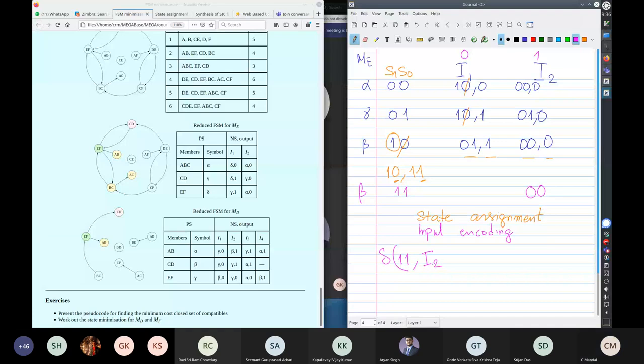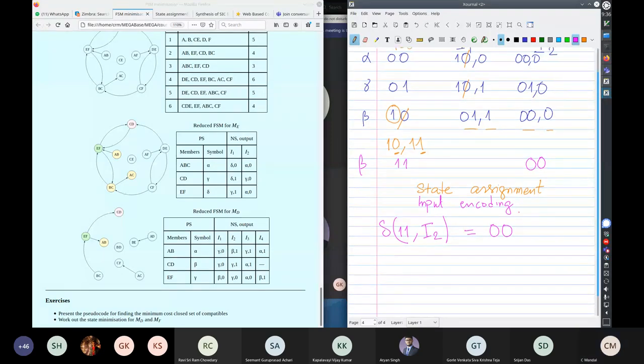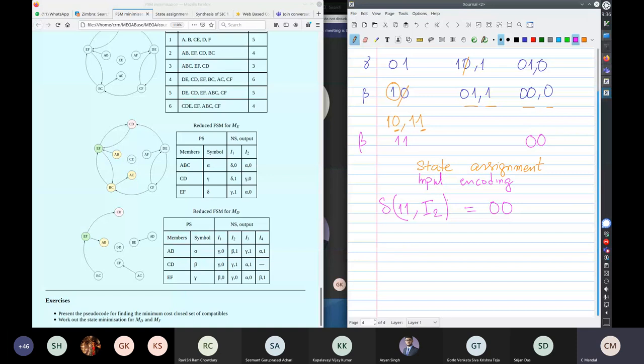So this one is 0, 0, right? This is 0, 0. So in other words, if you think in terms of your flip-flops, really you have two flip-flops there, isn't it?